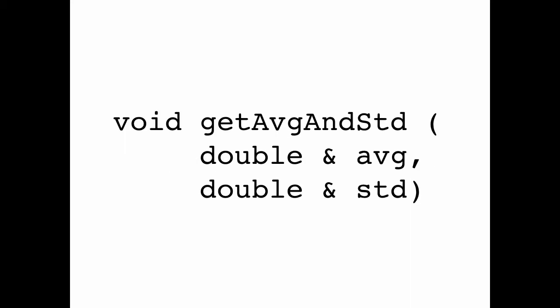Okay, reference parameter. Here is an example of a reference parameter. We have one function, get average and standard deviation, and it needs to return 2 values, right? It needs to compute 2 values and pass them back. Can we pass 2 things back by using the return statement? We cannot, so what do we have to do instead? We use this ampersand for reference parameters, okay?